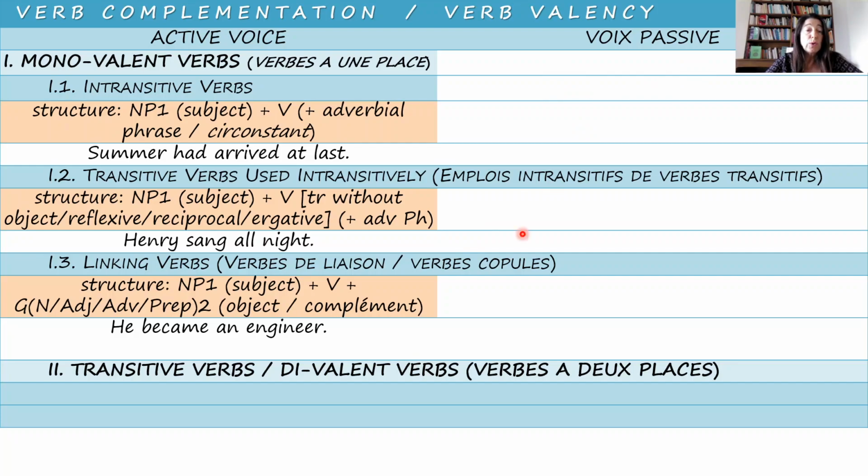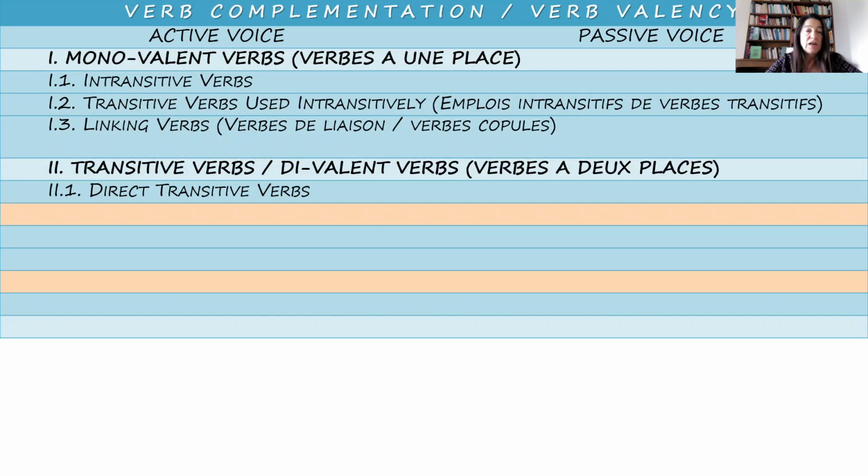Let's go over quickly transitive verbs or divalent verbs. So verbs that have one subject and one object, so two arguments, which is why they are called divalent verbs. And among these verbs are the direct transitive verbs.